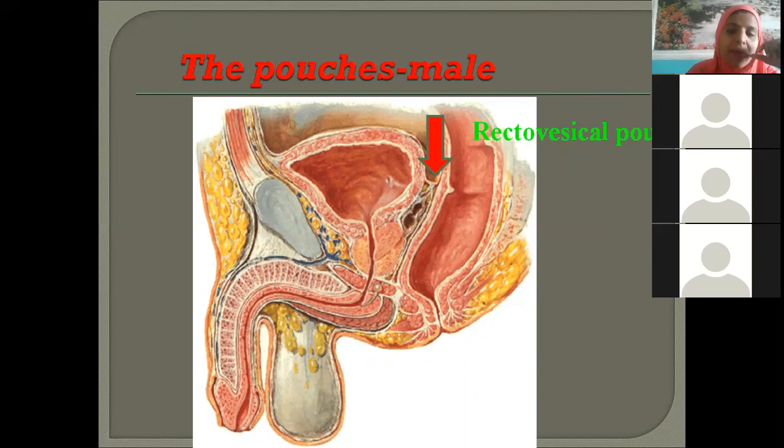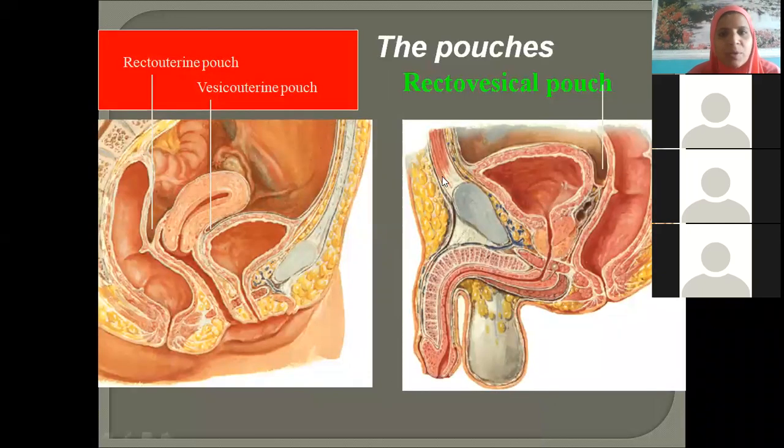Female. Exactly, for the ova collection. Very good. It is in females, open at the ends of the fimbriae of the fallopian tube. It's open because it has to catch the ova and transfer it into the ampulla part of the fallopian tube. We will repeat this point when we do the female reproductive system, uterus and fallopian tube. Nothing to worry. You can just compare the pouches in female and male.